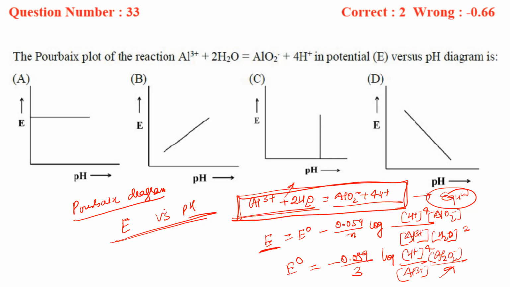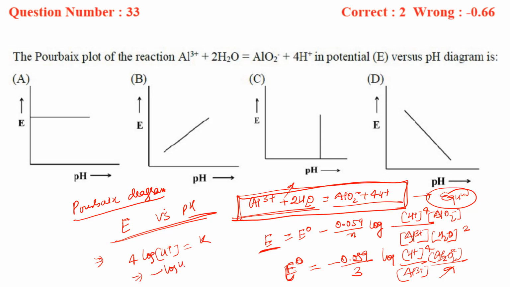Okay, so from here, since E naught is a fixed value, and the AlO2- concentration will also be some kind of fixed value, and Al3+ will be some kind of fixed value, we can write 4 log H+ equal to some kind of K, right?